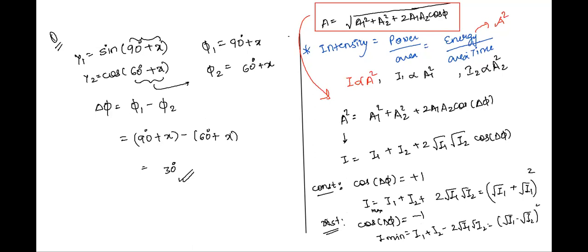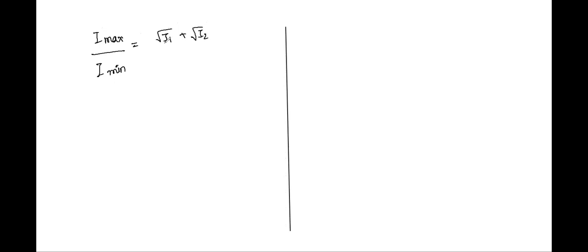So class, in constructive interference intensity is maximum, and in destructive interference intensity is minimum. The resulting intensities are under root of I1 plus under root of I2 whole square, and under root of I1 minus under root of I2 whole square.